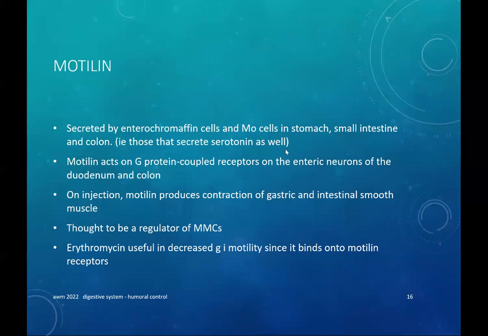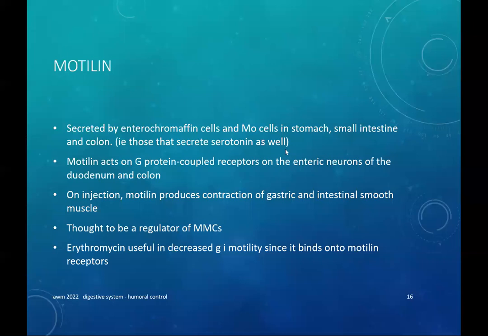Now, once it is injected into the animal or the person, the subject of observation, motilin produces contraction of both gastric and intestinal smooth muscle. Now, because it causes contraction, okay, so motilin has been associated with motility. So motilin, motility.